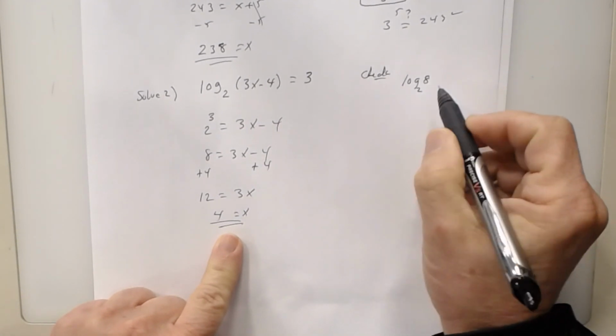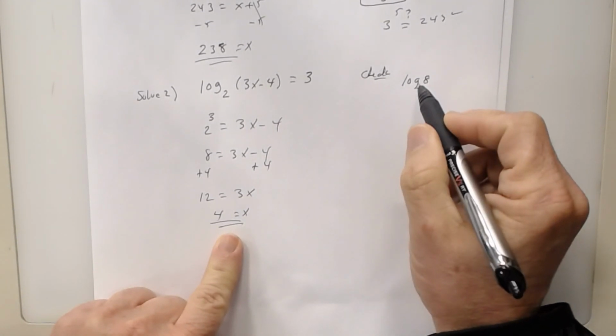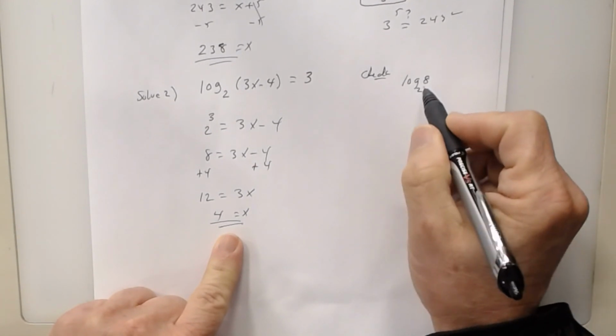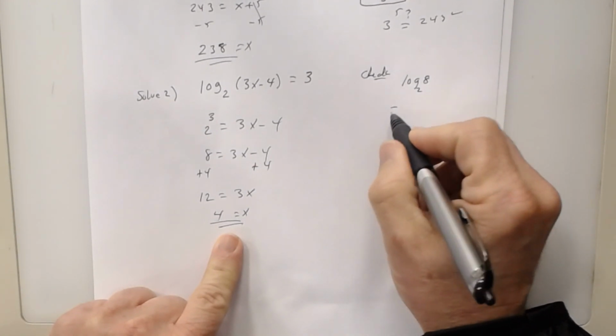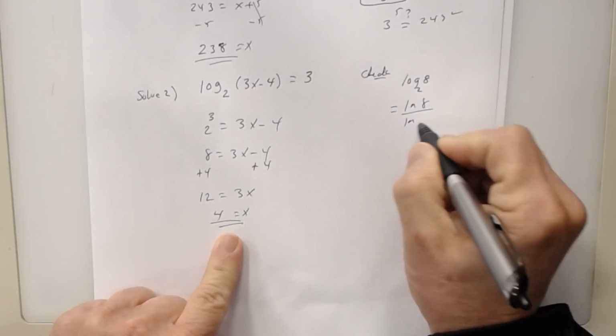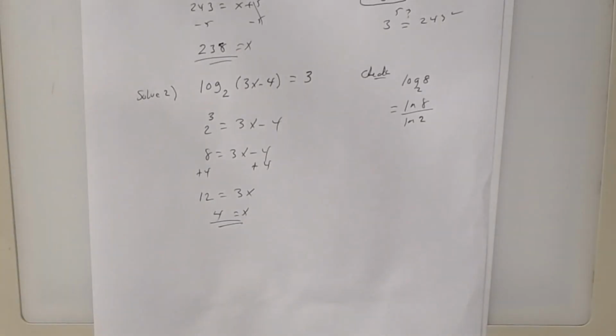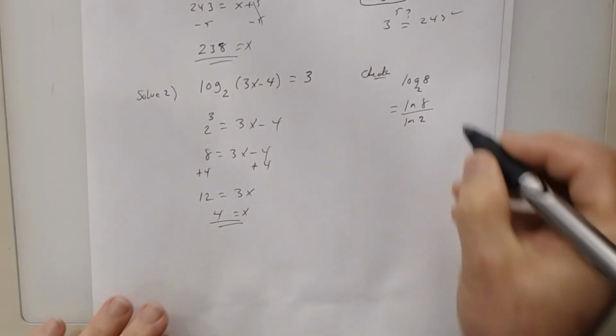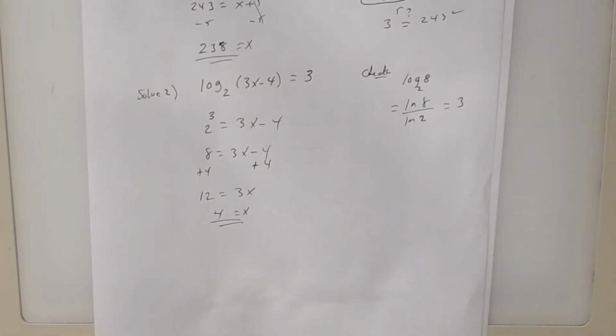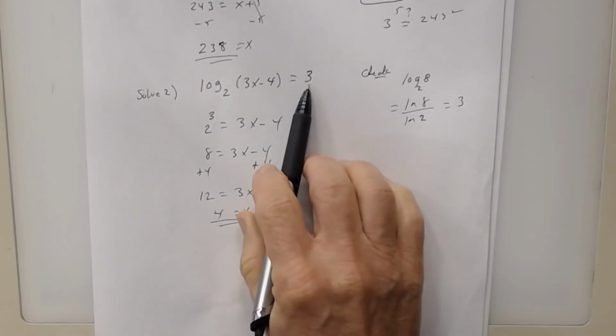Now that one's straightforward because 2 to what number is 8? 3. But let's use the base change formula. So it's the natural log of 8 divided by the natural log of what? 2. Or you could have just said the log of 8 divided by the log of 2. Do you get 3? You get 3. All right, which is what this was.